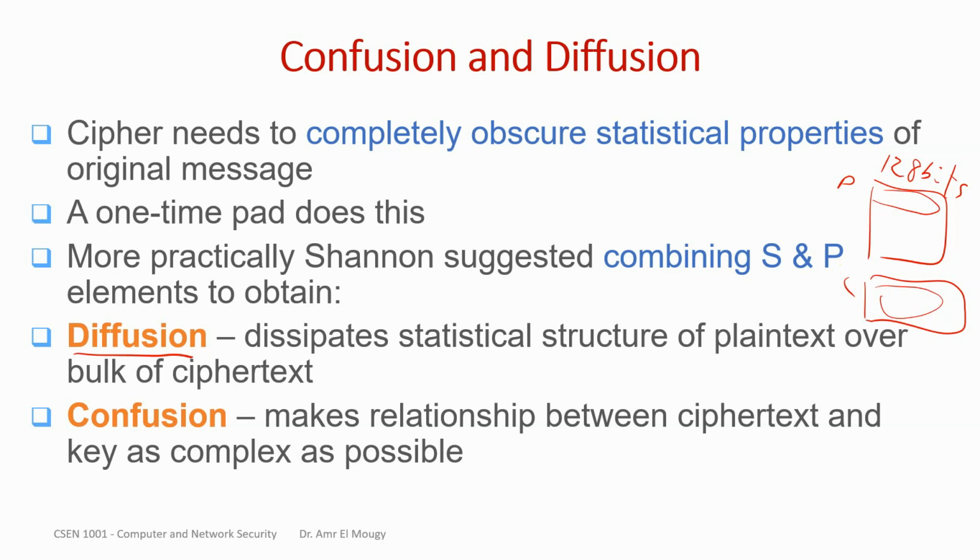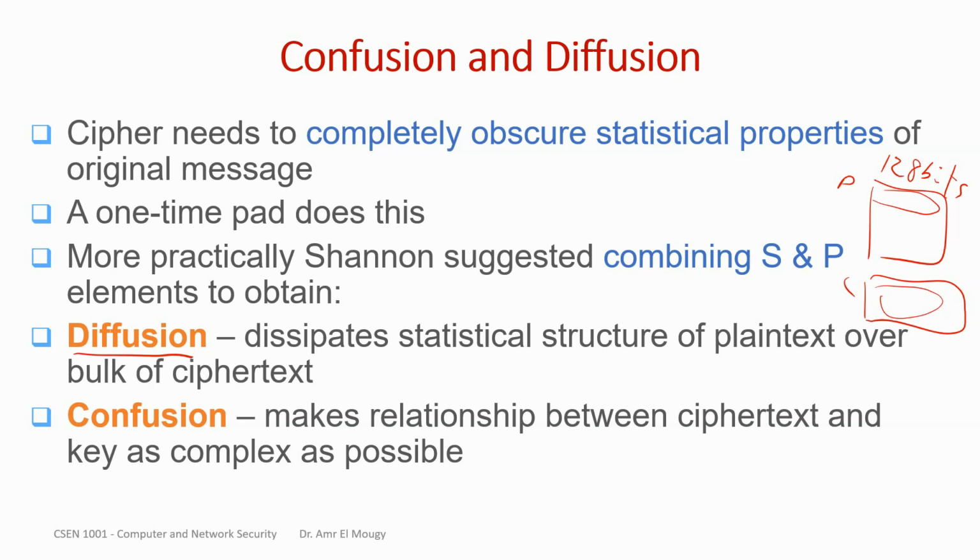Why is that? Such that if there are patterns that are available in the plain text, they are dissipated, they are distributed, they are diffused into the bits of the ciphertext, such that you will not recognize the same patterns in the ciphertext.